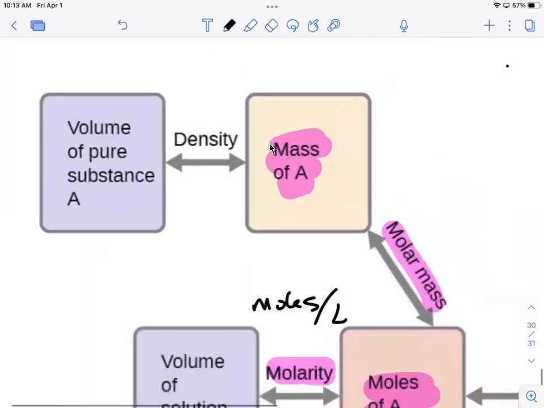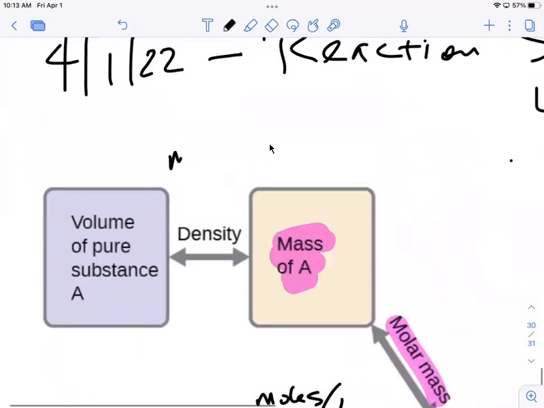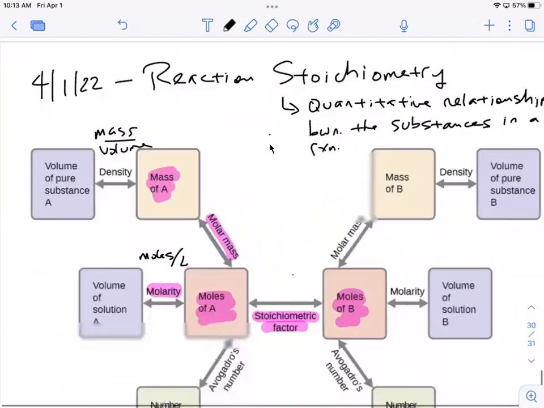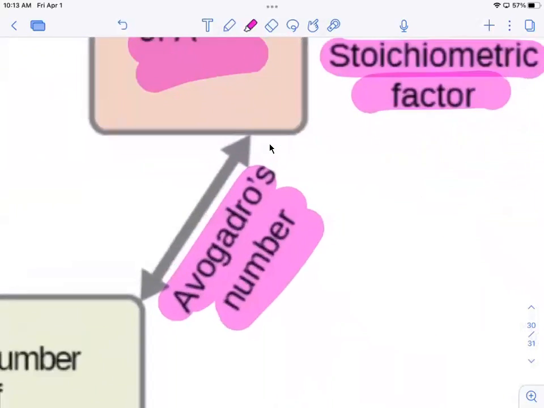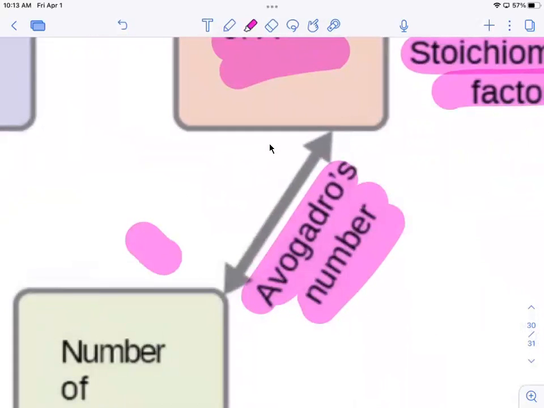Density is what? Mass over volume. So if you know the mass and you know the density, you can get the volume, right? If you want to know how many particles or molecules, then you use Avogadro's number, right? This is all stuff we've done. We just never seen it displayed in a diagram form like this. So this is the moles, and Avogadro's number is particles per mole.